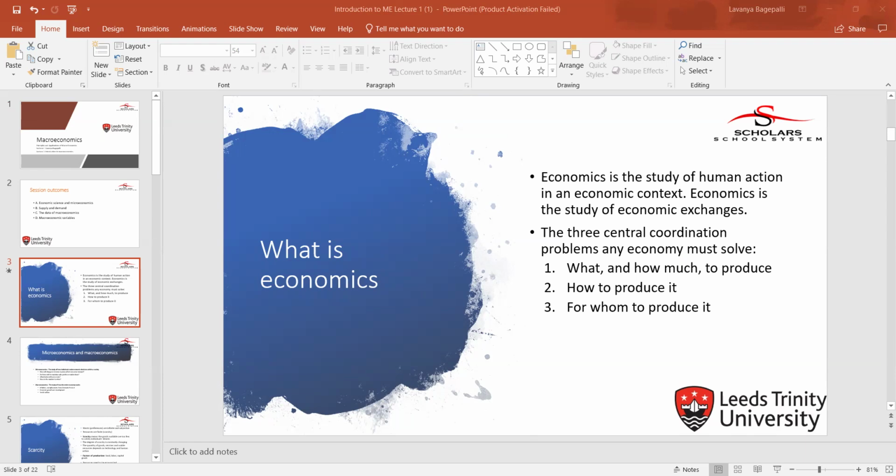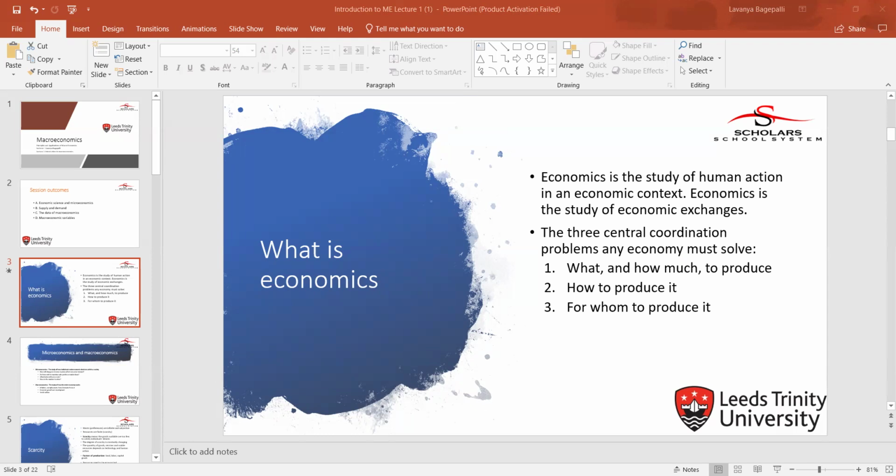Let me just give some examples about what is economics and how economics is going to help you. Just imagine that you have around 20 pounds with you to spend at a grocery store. With that 20 pounds, you have to decide what food you want to buy.